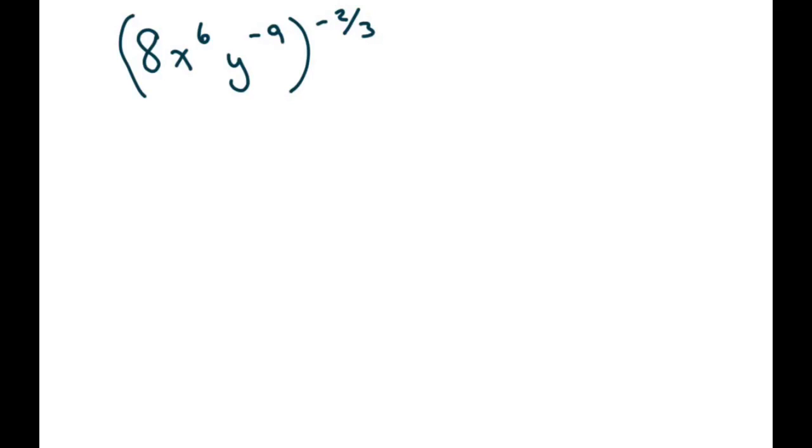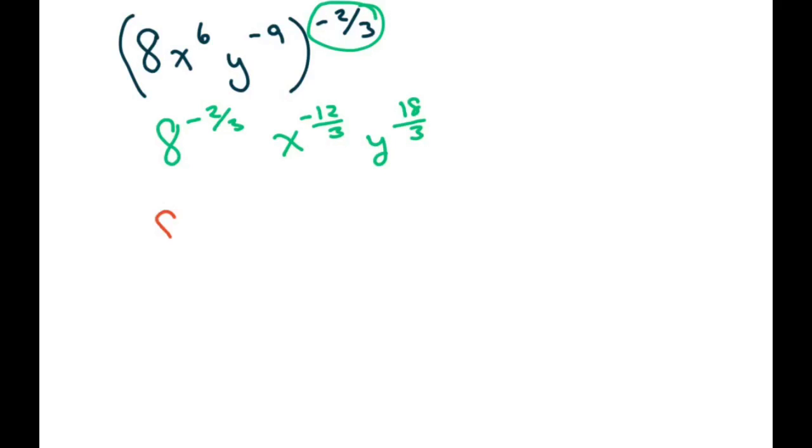Okay, we've got 2 more here. So I'm going to just kind of take care of this first. I have 8 to the negative 2/3, x to the negative 12/3, and y to the 18/3. Now simplifying this, first I'm going to just write this as 8 to the negative 2/3.